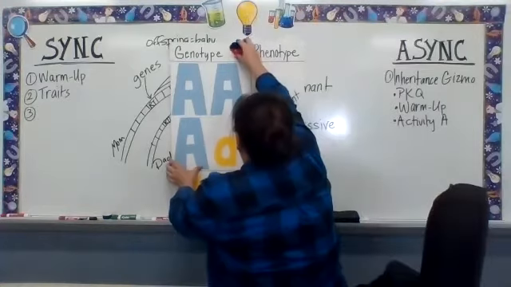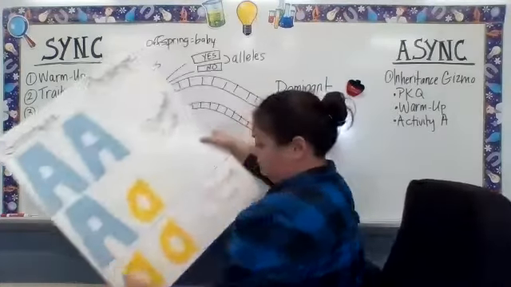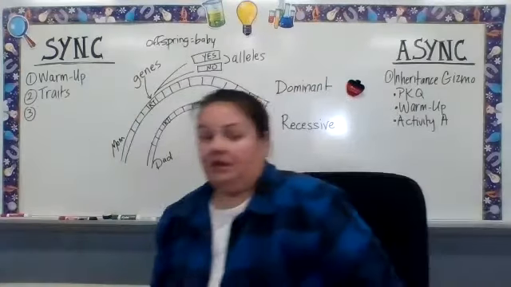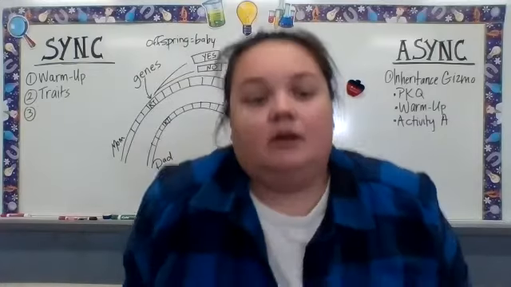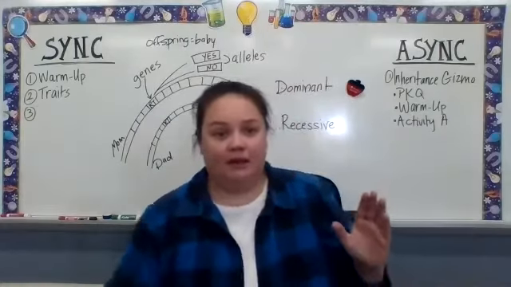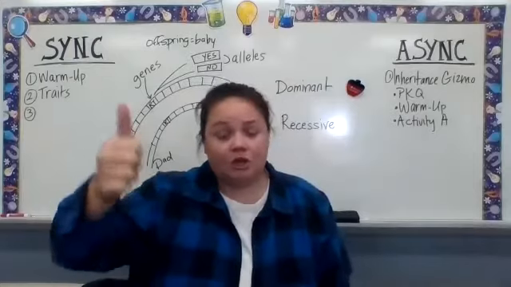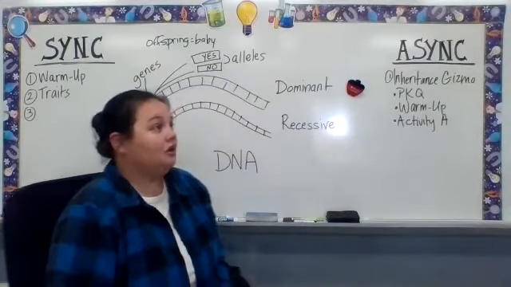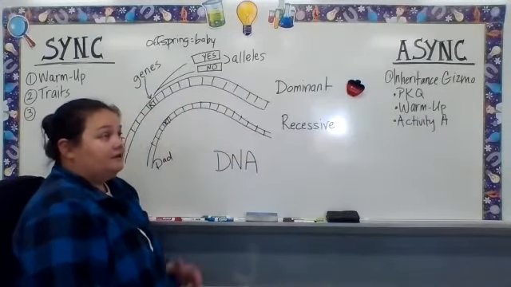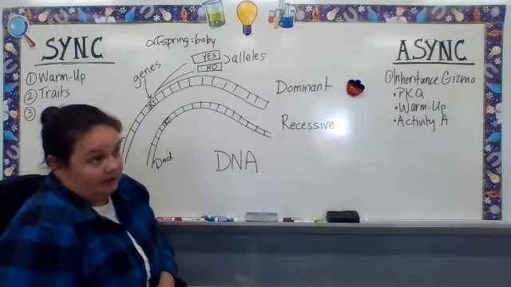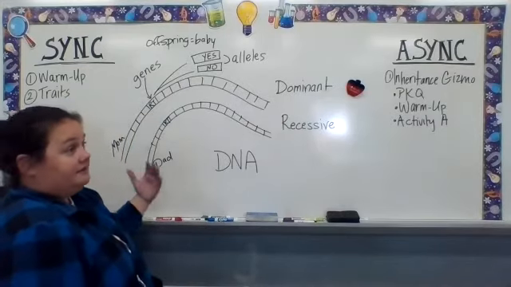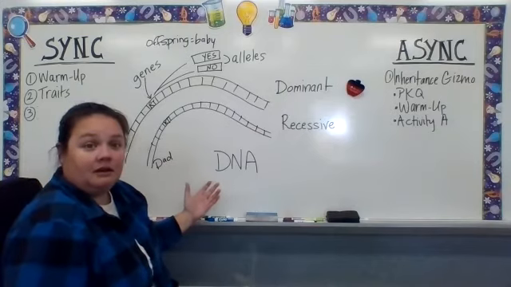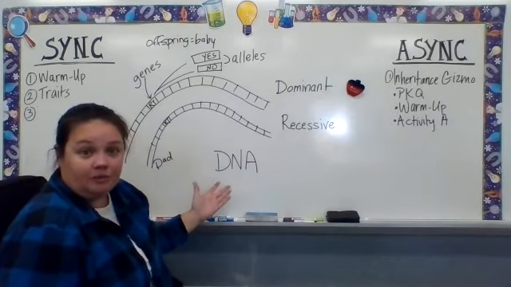All right, let's do our quick recap here. And you guys are going to give me thumbs up as we go through this. All right, I'm going to start from the beginning. And you're going to give me thumbs up like, yes, keep going, I understand this part. So every single living thing has DNA. Thumbs up or down. Yes, you're with me on this.